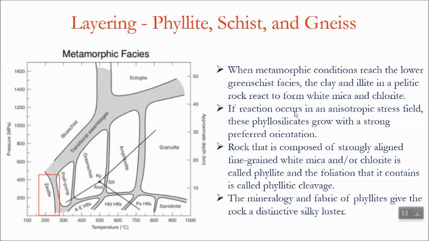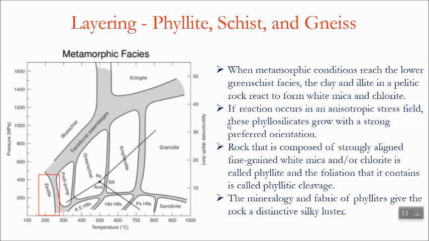And after that, if the rock occurs in an anisotropic stress field, so what is the meaning of anisotropic stress field? If we have a stress field where all the three axes are not equal, so one is the maximum stress axis, one is the minimum stress axis, then it is called an anisotropic stress field. So in such a condition, the phyllosilicates will grow in a strong preferred orientation, that we have seen in the case of cleavage also.